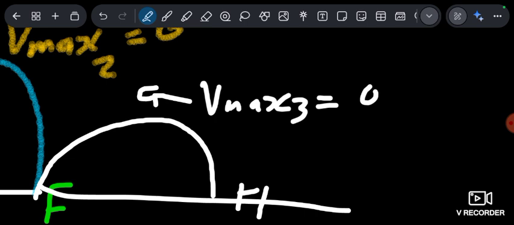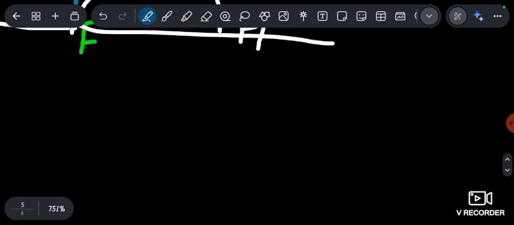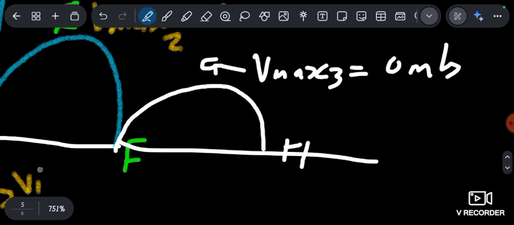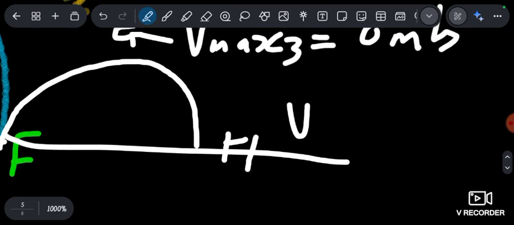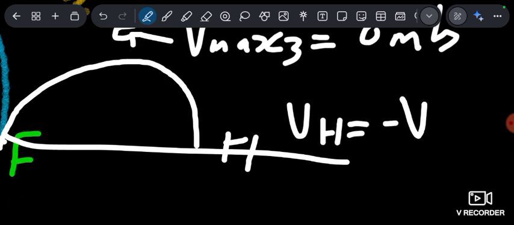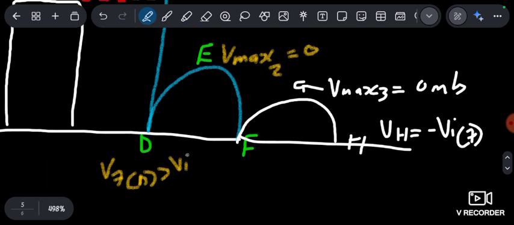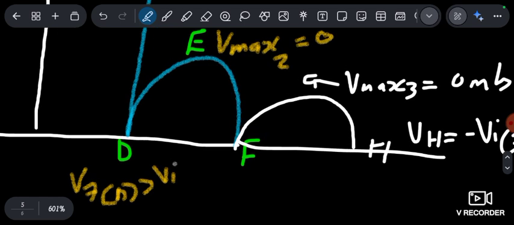The velocity is 0 meters per second. Right? What is the speed at h? The speed at h will be the same as the negative of the initial speed at f, right? Because it will be the same scenario number 1, just it happens differently.